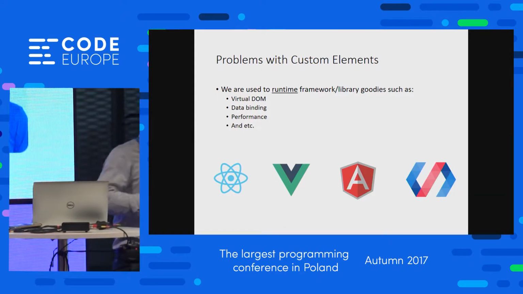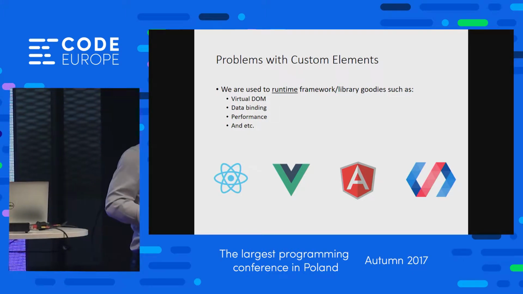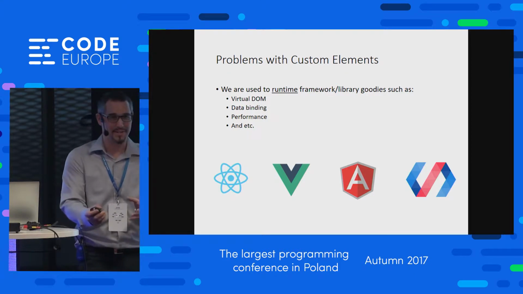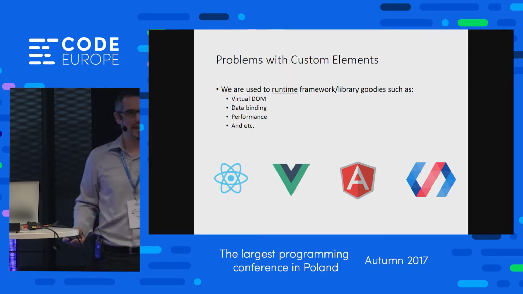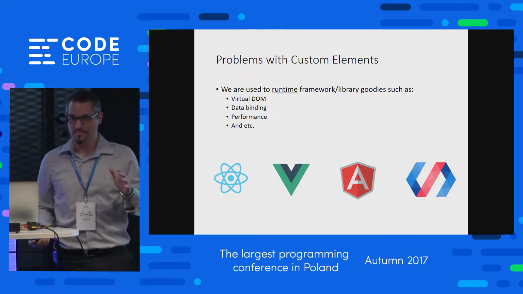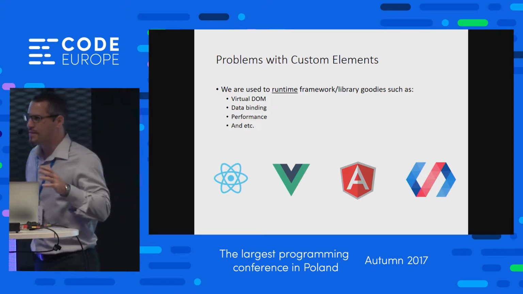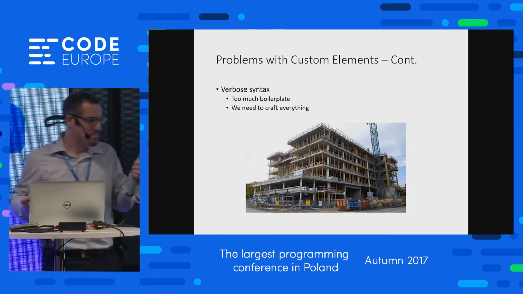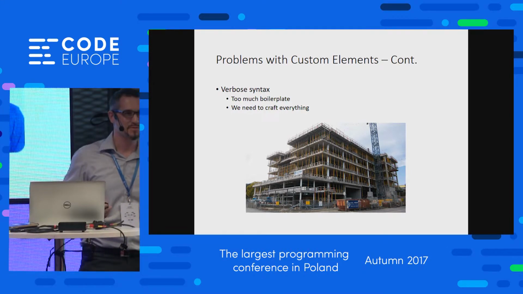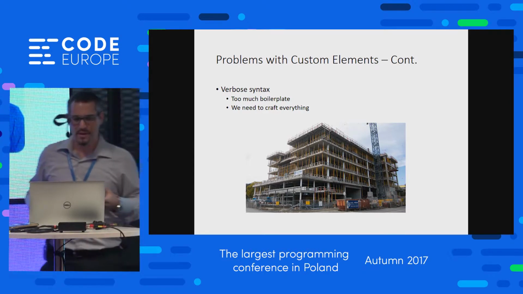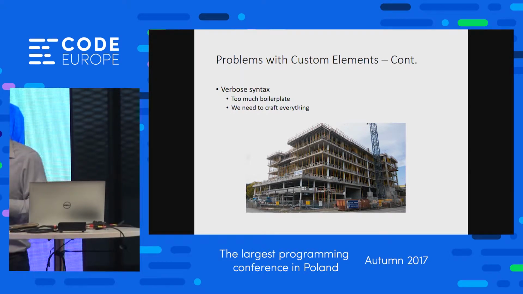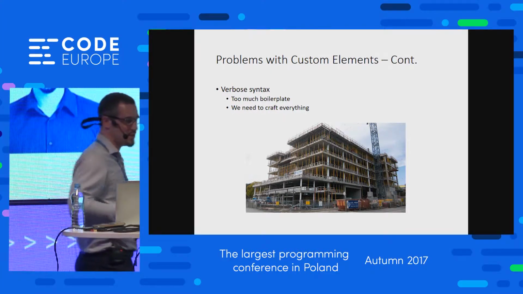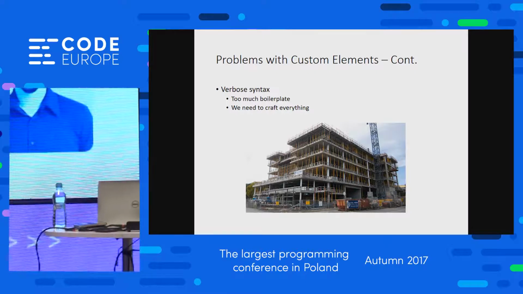More than that, if you want to write something in custom elements, it's very verbose. You saw me crafting a collapsible panel. You saw how many lines of code I wrote? It's like 70 lines of code in order to do something that responds to the collapse event. That's sad. So we have to create everything by hand. That's cool if you want to work hard, but that's not cool if you want rapid development.